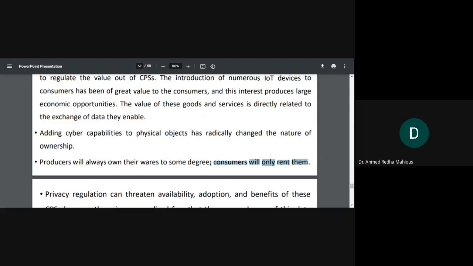for some instruments for aircraft engines, instead of selling those instruments, they will no longer sell those devices. They will hire out those devices to you, and they will be responsible for maintaining them.